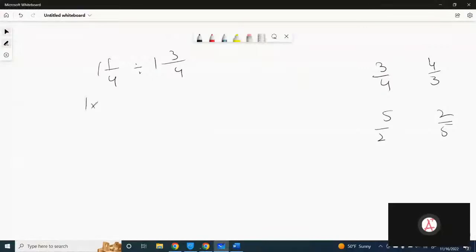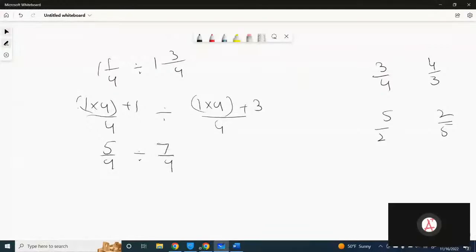Okay, so you have to do 1 times 4 plus 1 over 4, 1 times 4 plus 3 over 4. Okay, 4 times 1 is 4 and plus 1, 5 over 4. 4 times 1 is 4 and plus 3, 7 over 4. Got it?